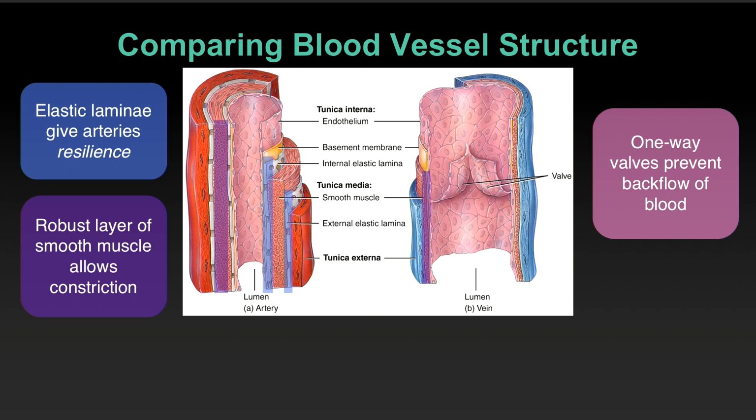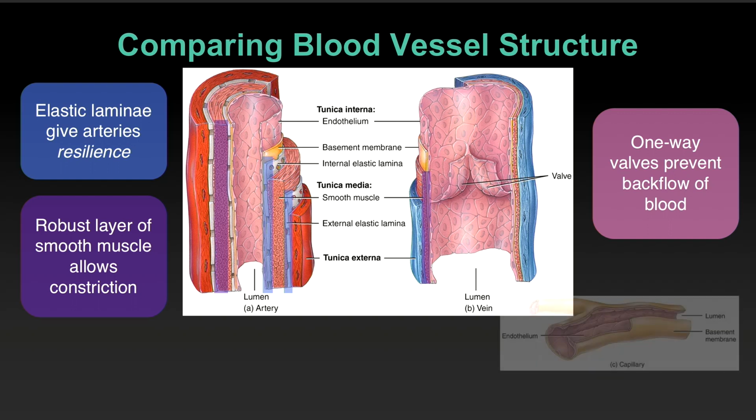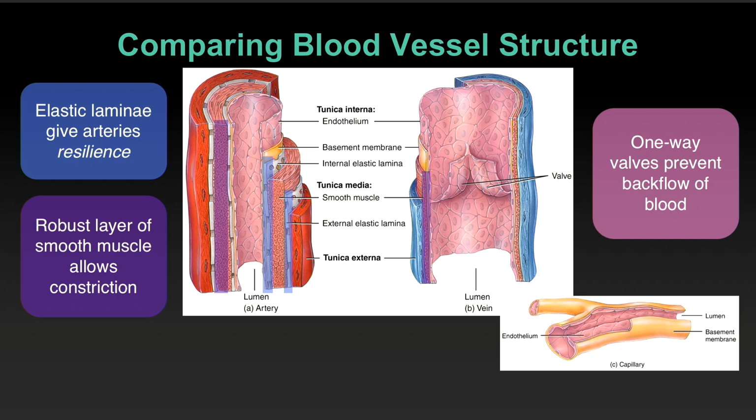Now, between these two broad categories are a somewhat special grouping of vessels called the capillaries, which are purpose-built for exchange of nutrients, exchange of molecules across the surface. They're very, very thin-walled. They have a single layer of epithelial cells and a basement membrane, and that's it.